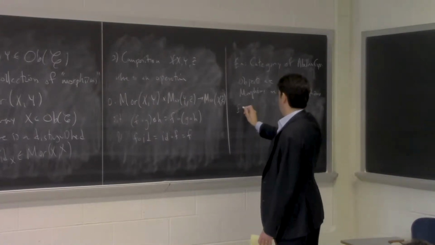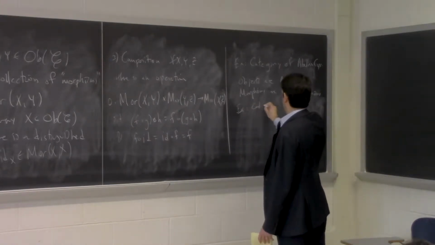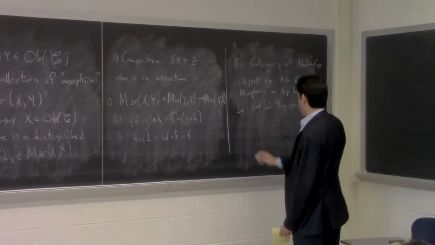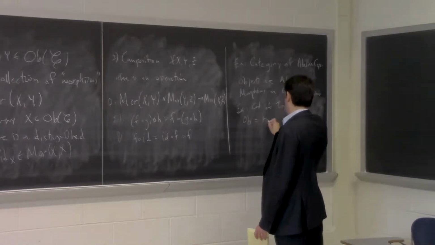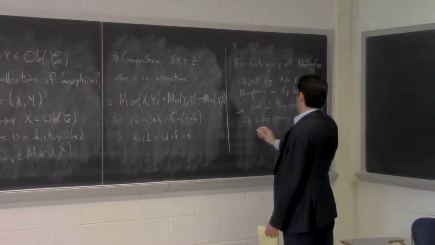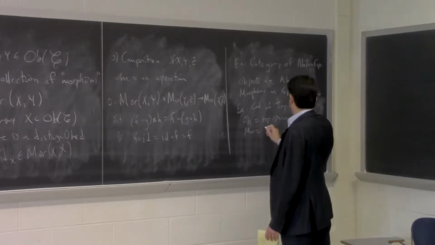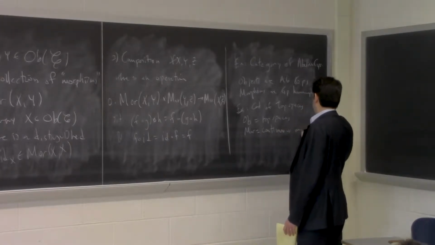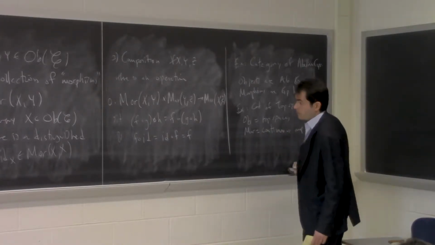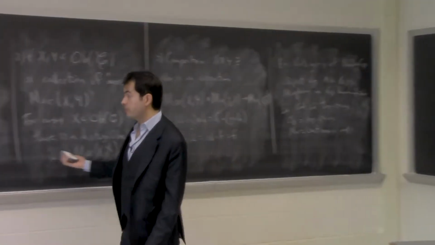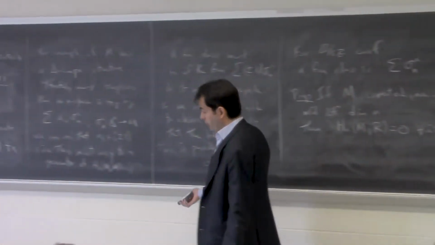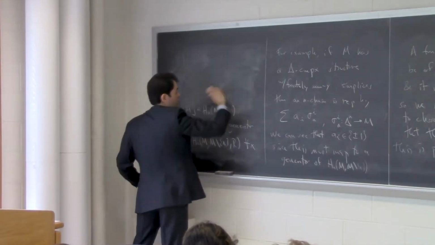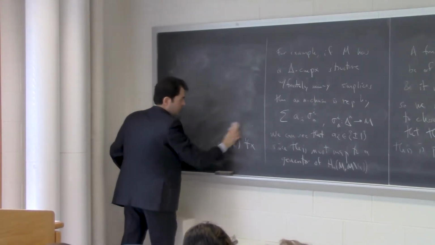Or the category of topological spaces, where your objects are topological spaces and your morphisms are continuous maps. So in both of those cases, the morphisms are morphisms, so not surprising. Of course, that doesn't have to be the case.